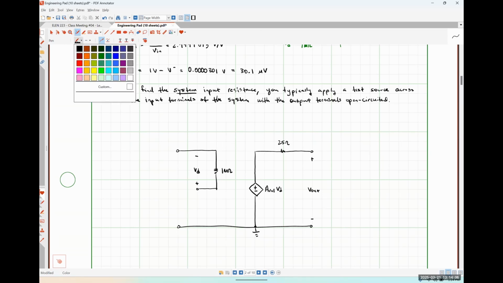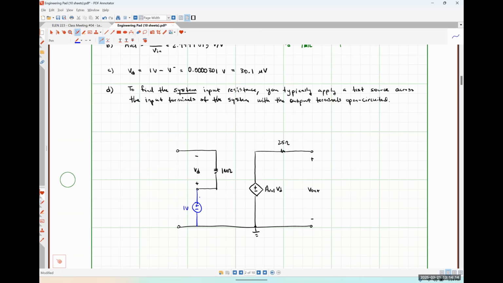I'm going to apply my test source across my input terminals. I'm going to choose to make this a 1 volt test source, and I'm trying to find this current I test, so that 1 volt over I test will give me the resistance I'm looking for.